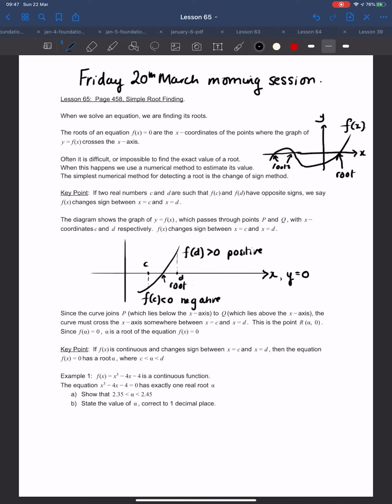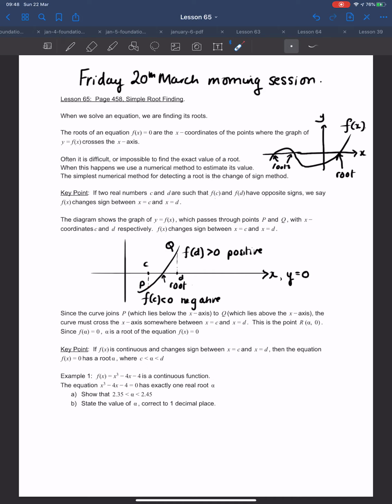Since the curve joins P, which lies below the x-axis, to Q, above the x-axis, the curve crosses the x-axis somewhere between C and D, because it goes from P to Q, negative to positive.